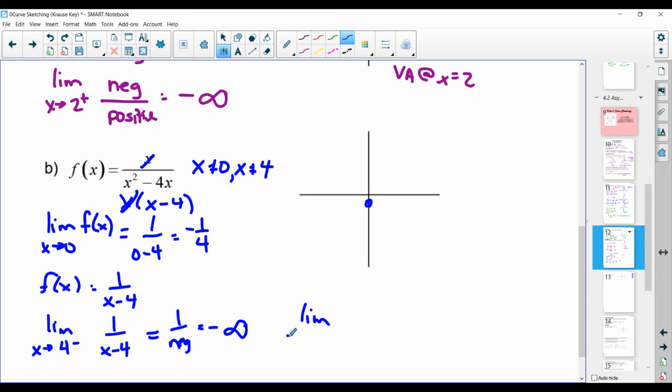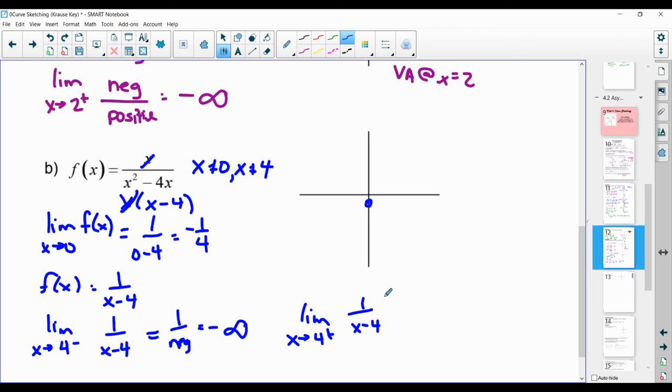If I take the limit as x approaches 4 from the right-hand side, again, picture we're approaching 4 here from the right-hand side, so we're going to have like 4.0001, 4.000001, and so on.